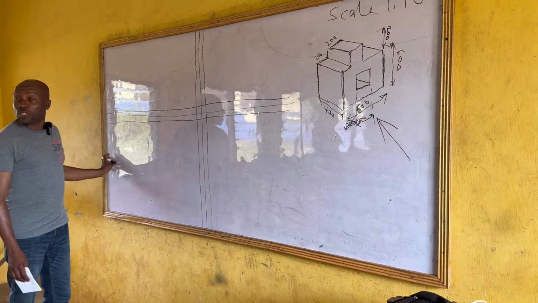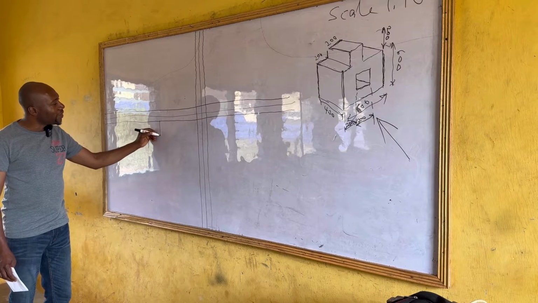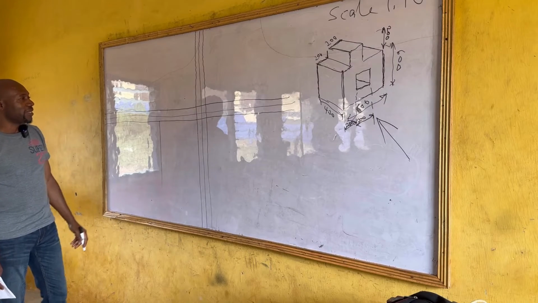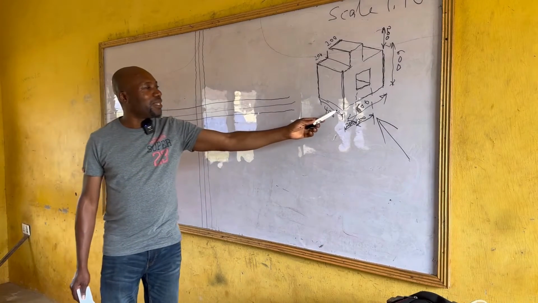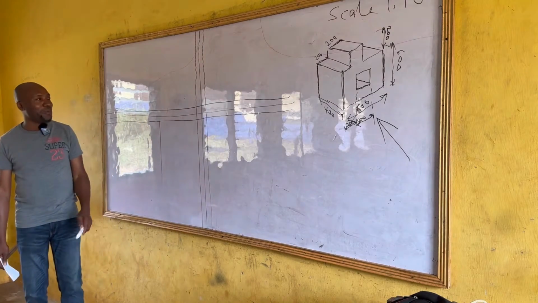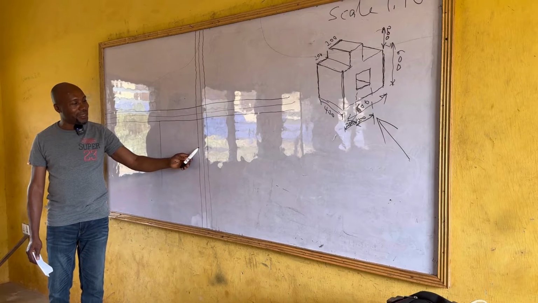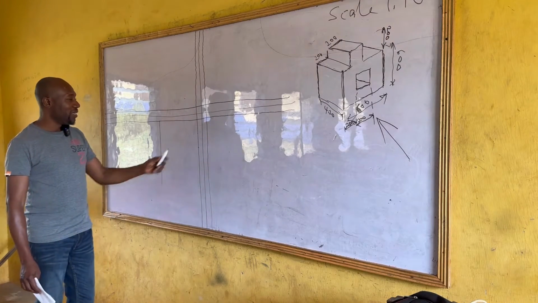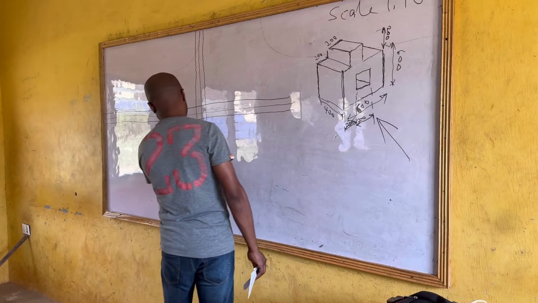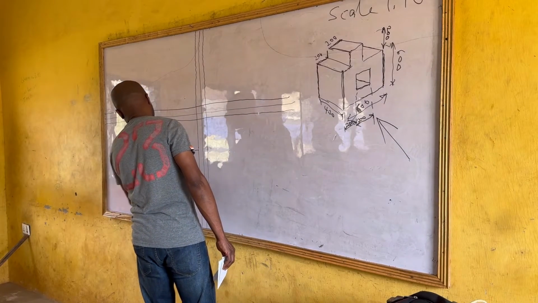Then with your T-square and your set square, you draw a faint line like this. Then the distance from here to this side is 400 millimeters. So on this line, you measure your 400 millimeters. Let's take our 400 millimeters to be at this point. Then you draw another line like this.